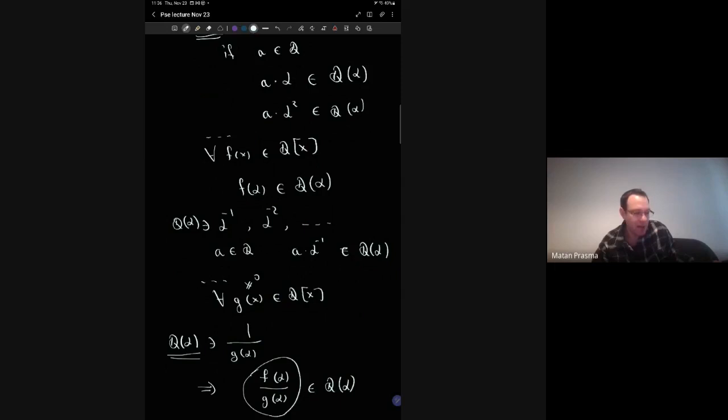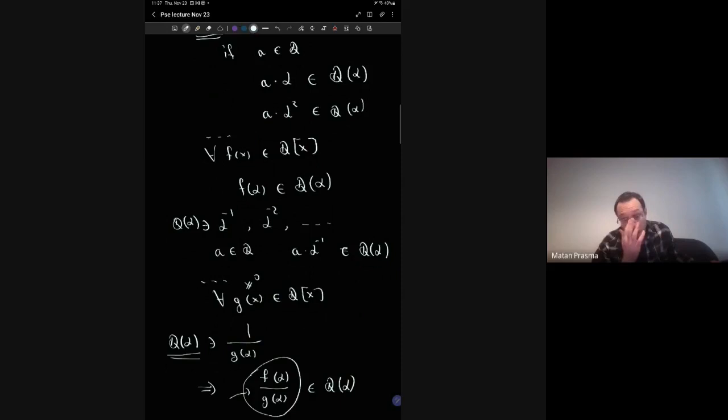Okay, so I assumed that Q of alpha exists, or I said if Q of alpha exists, it must contain all elements of this form. And now I show that the collection of all elements of this form actually constitutes a field.